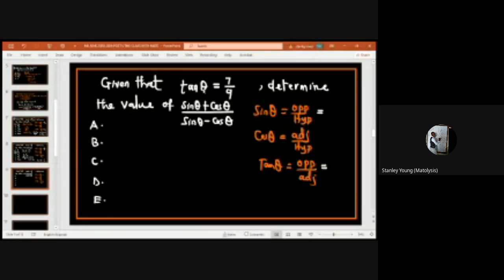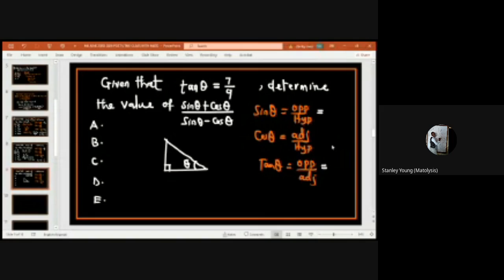So this particular question wants you to find sine theta plus cos theta divided by sine theta minus cos theta. No options were supplied, so what do you do as a student here? What you need to do is draw a triangle. That's the first step. You label one of the angles of the triangle as theta. One of them is 90 already.